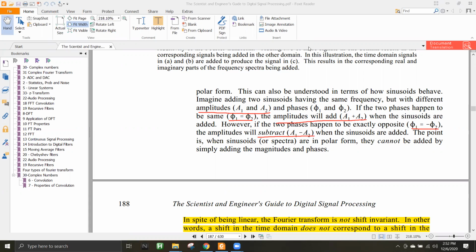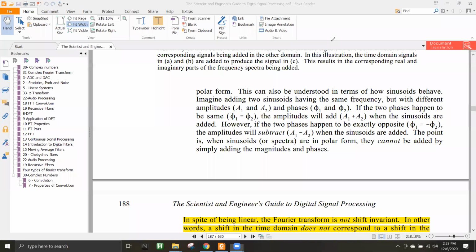This is the reason why polar notation normally cannot handle addition, because things are dependent on the phase. So instead, it is easier to simply perform it in the rectangular notation, and then convert it back into polar notation if you want to keep the whole thing in polar form.